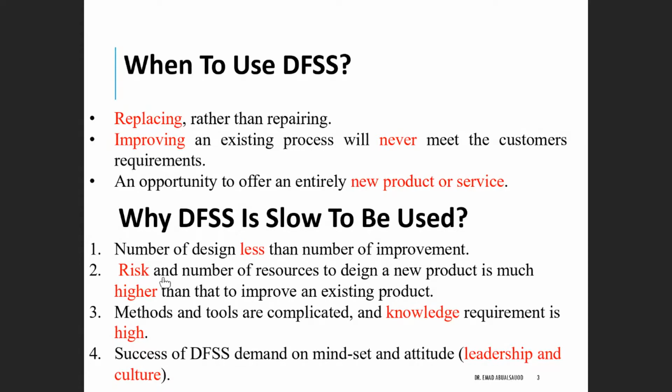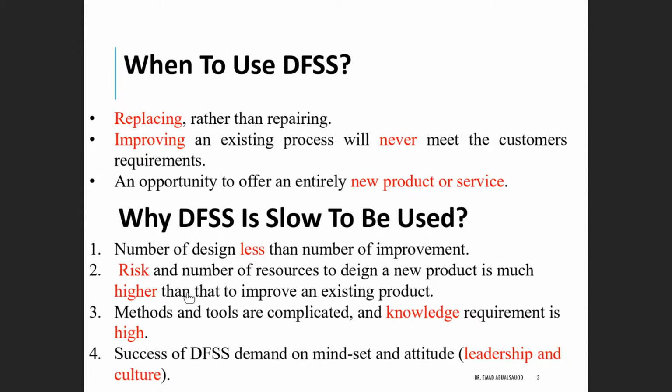The risk and the number of resources needed to design a new product are high. There are risks in starting a new product compared to improving your existing one. So this is always going to be an obstacle to using design for Six Sigma.